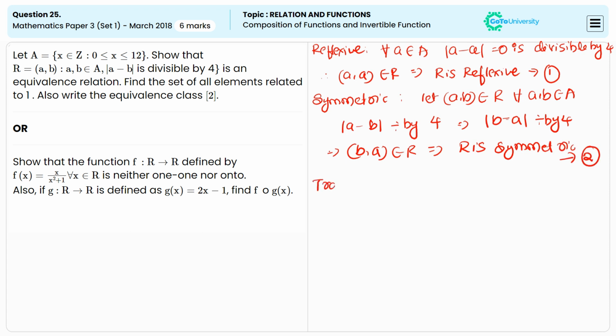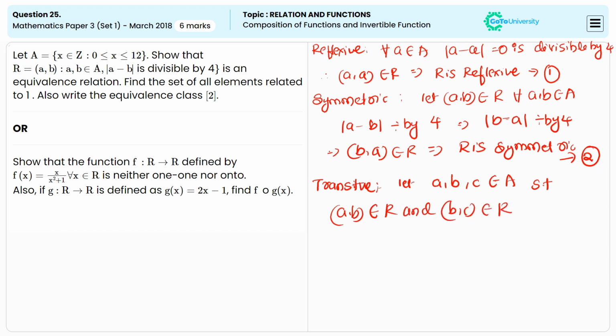Now, to show that the given relation is transitive, let us consider 3 numbers from the set A such that (a, b) belongs to the relation and (b, c) also belongs to the relation. So let the difference of a and b be equal to plus or minus 4m and the difference of b and c be equal to plus or minus 4n, as it's a multiple of 4.